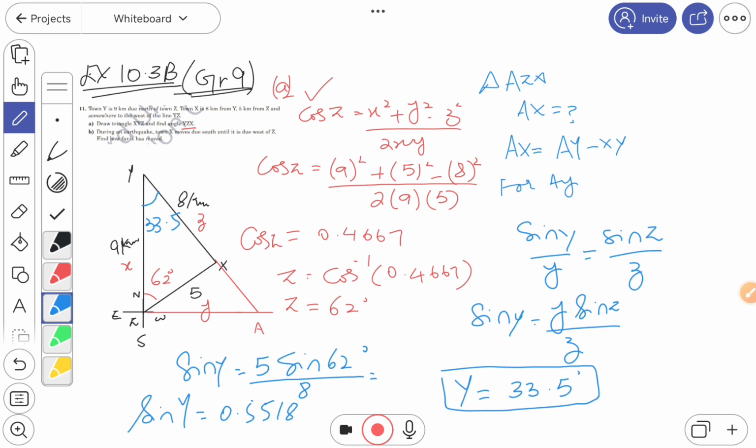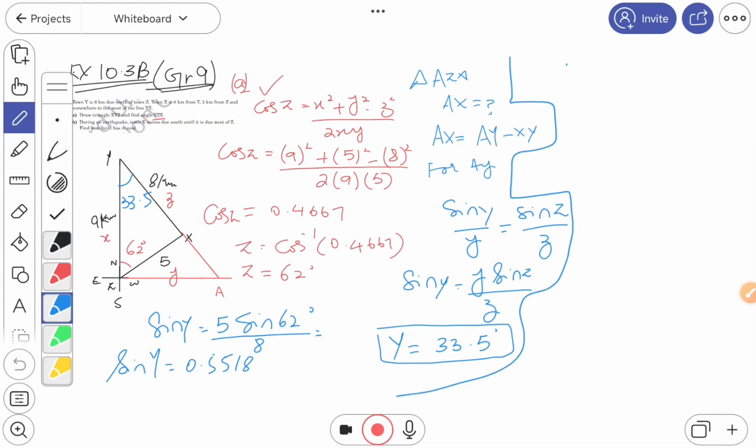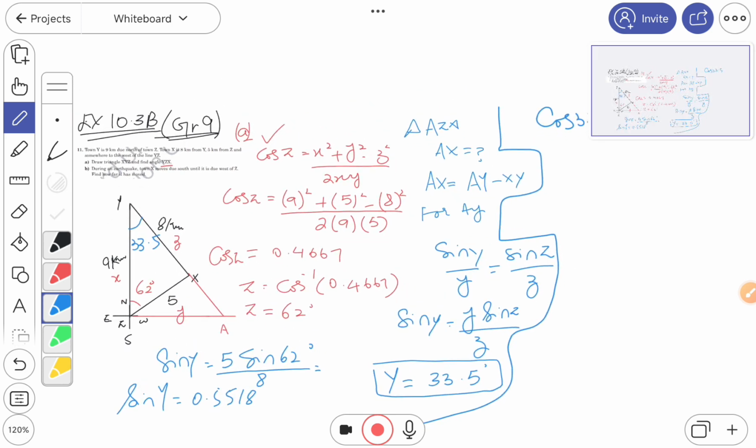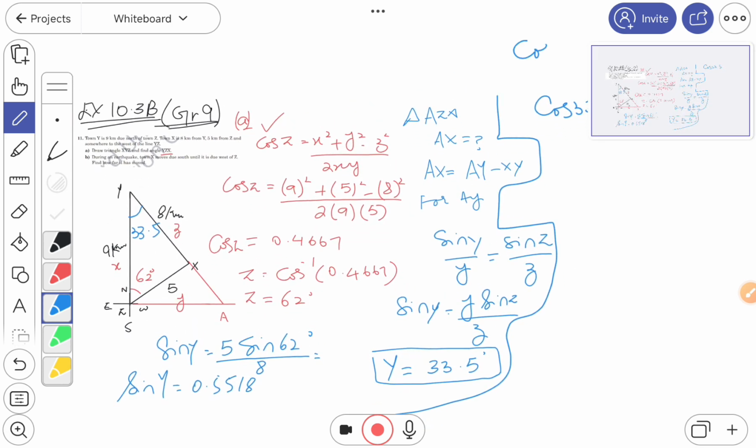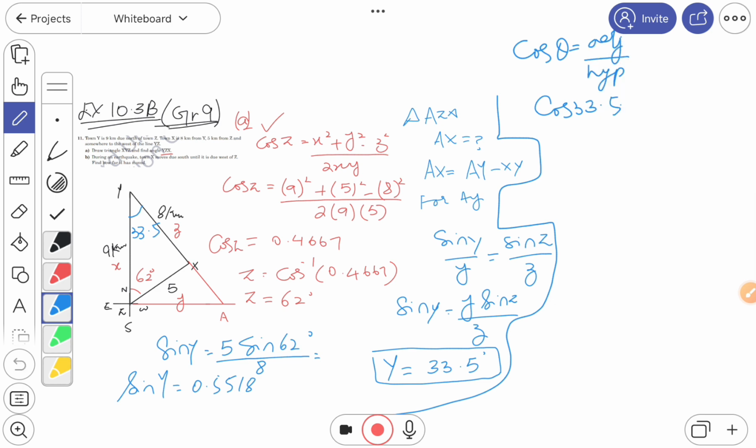Now by using this angle 33.5, I can apply a trigonometric ratio for finding the side AY. So I can write cos 33.5, as you know that cos theta is equal to adjacent over hypotenuse. So cos 33.5 is equal to 9 over AY.